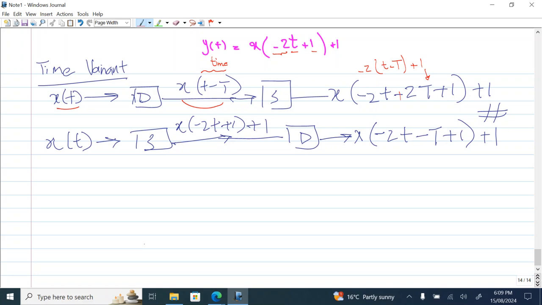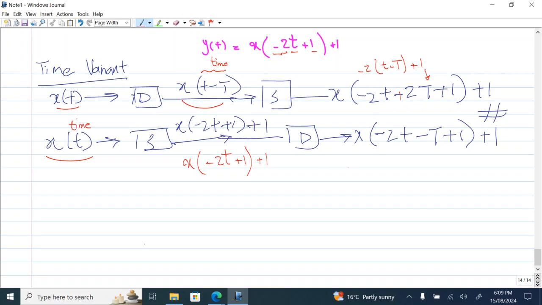Now, here we first send the input to the system. So if this is my time, it gets multiplied by minus 2, 1 is added to it, and then I have 1 at the end. Now, it should be delayed. The only thing which is delayed is t, or the time you have.